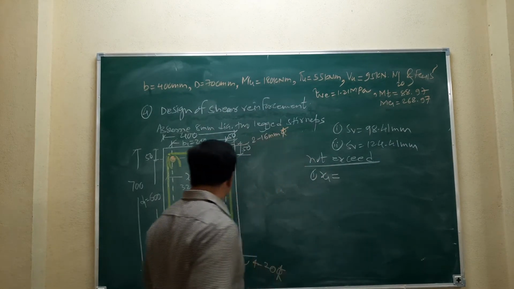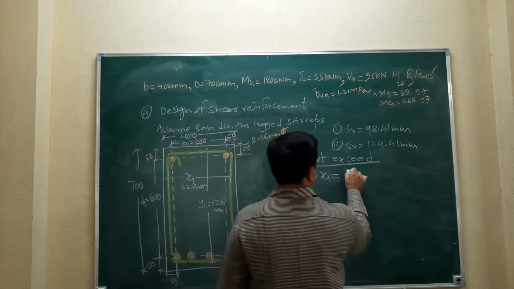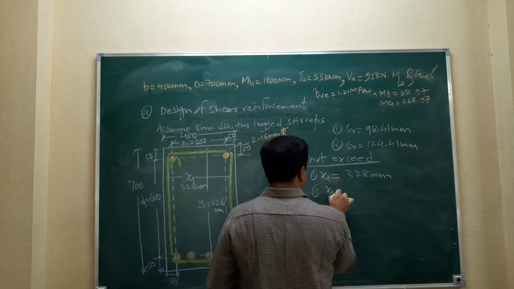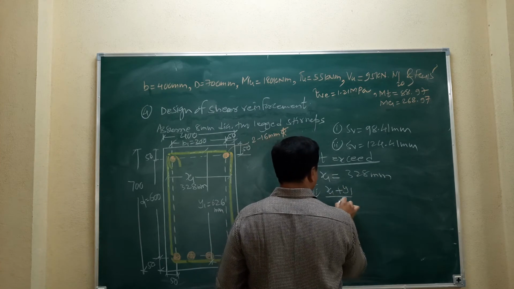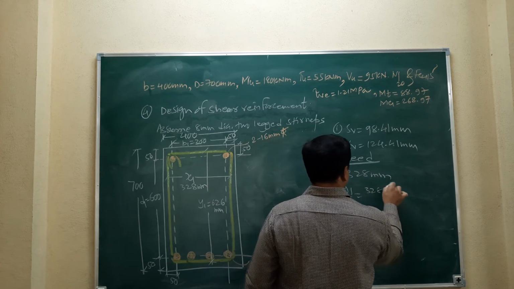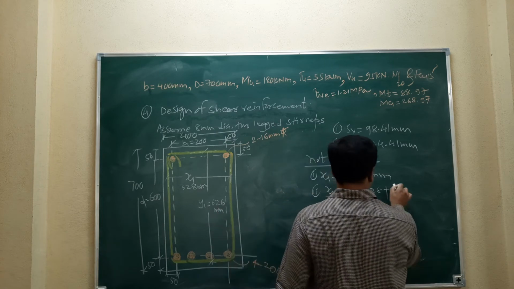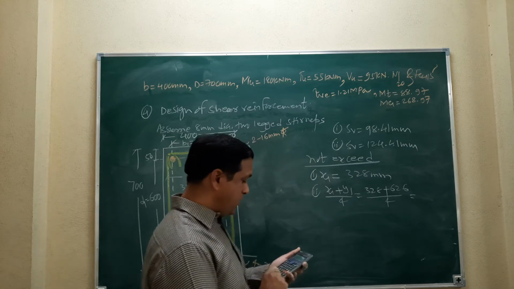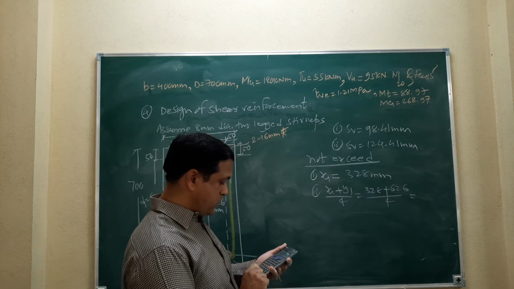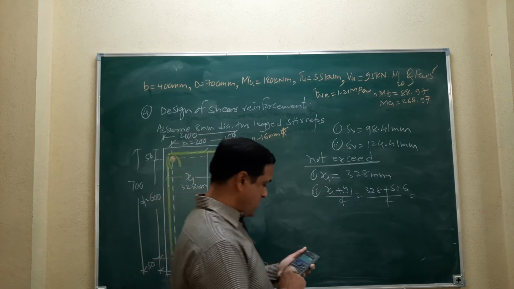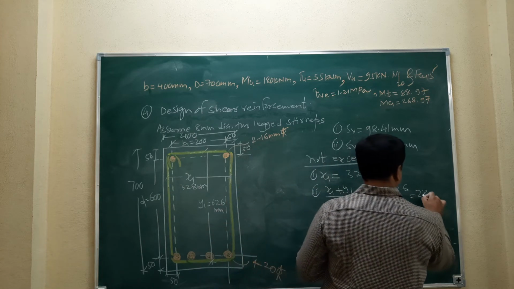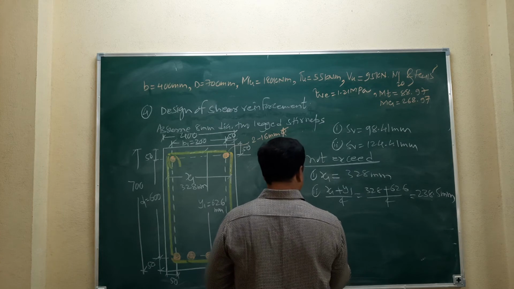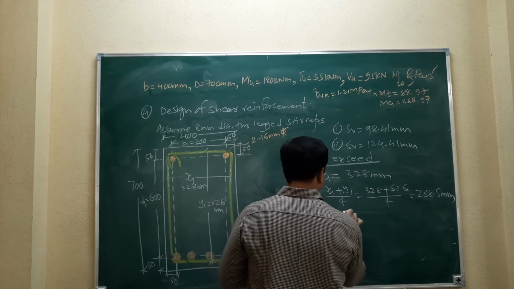X1, what is the X1? It is 328. Okay. Second one, X1 plus Y1 by 4, 328 plus Y1 is 626, by 4. It is 238.5 mm. And the third one is 300 mm.